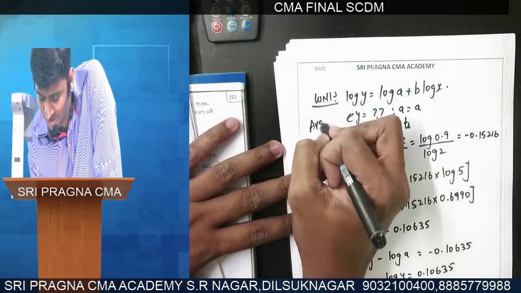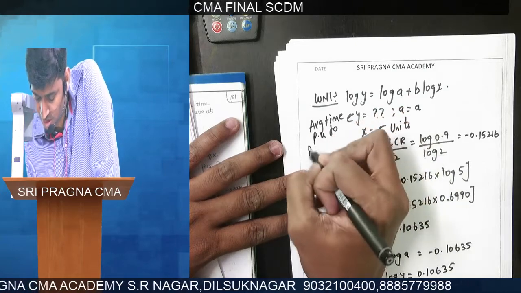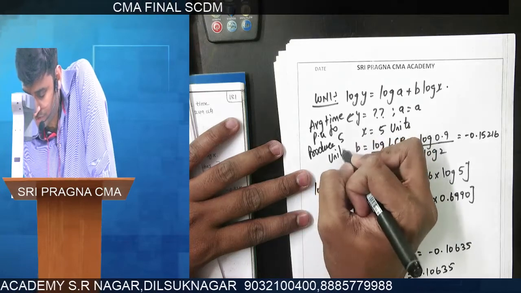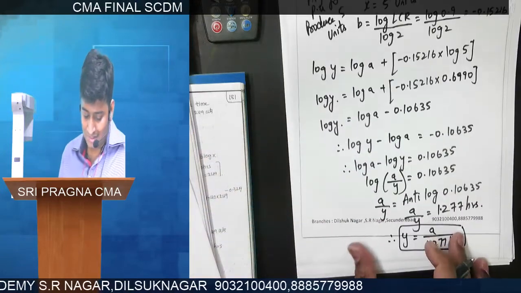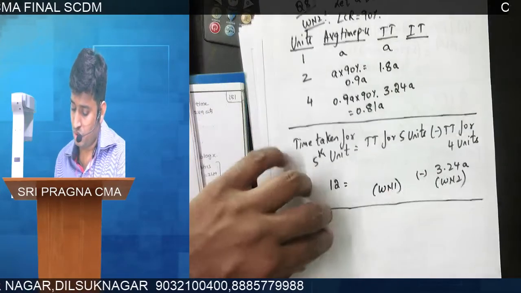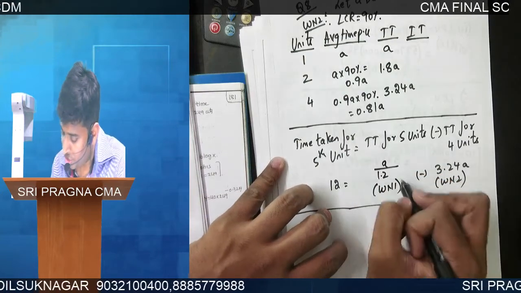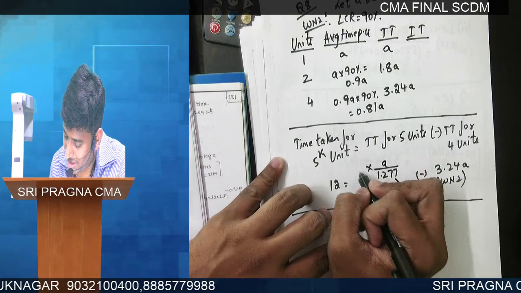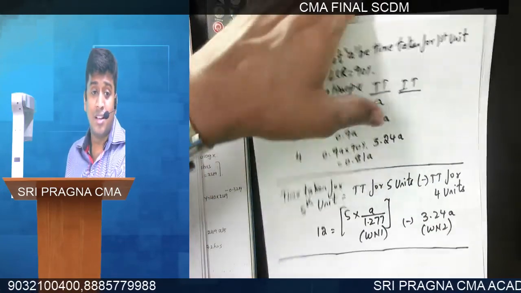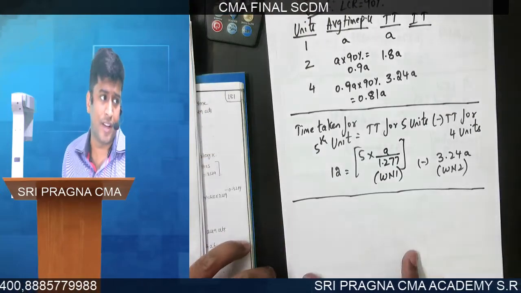Good. Average time per unit to produce 5 units, how much did it come? A by 1.277 into 5, because that is the average time taken per unit for x units, into 5.